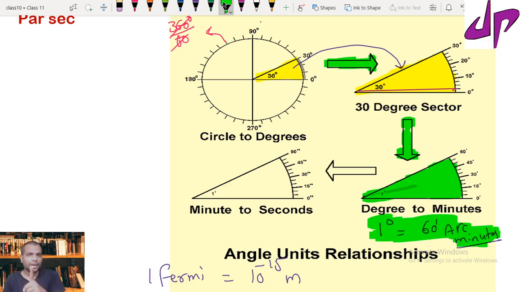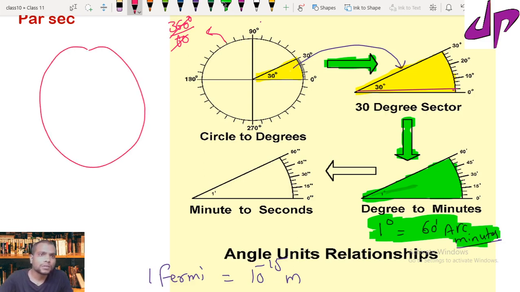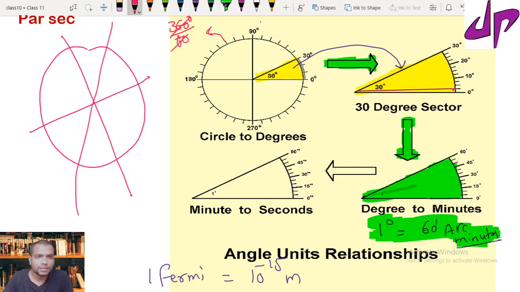Suppose you have a pizza. You cut this pizza into 4 pieces, and again cut each piece into 4 pieces.